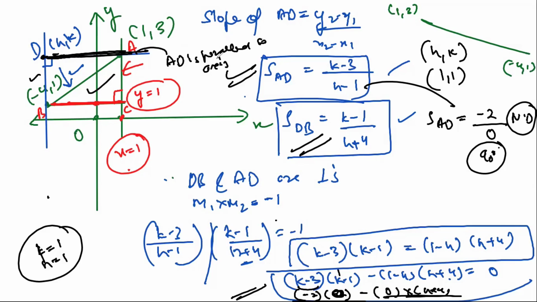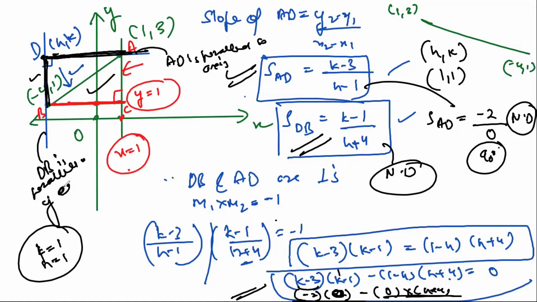Similarly, when you put h and k as 1 and 1, here also you will get not defined, so not making any angle with the x-axis, because DB is like this and it is parallel to the y-axis. So for the equation of line DB, DB is parallel to the y-axis, right?